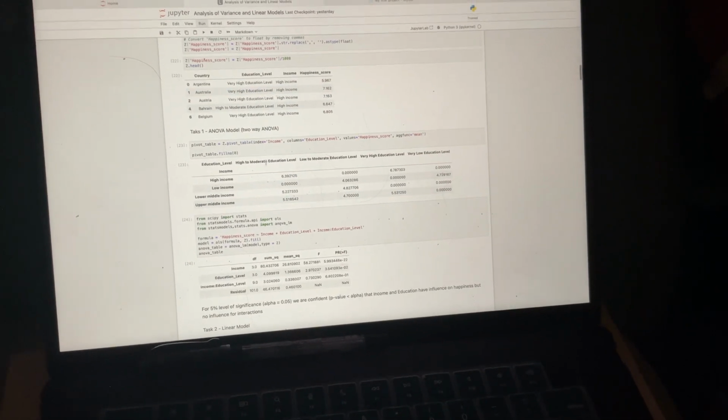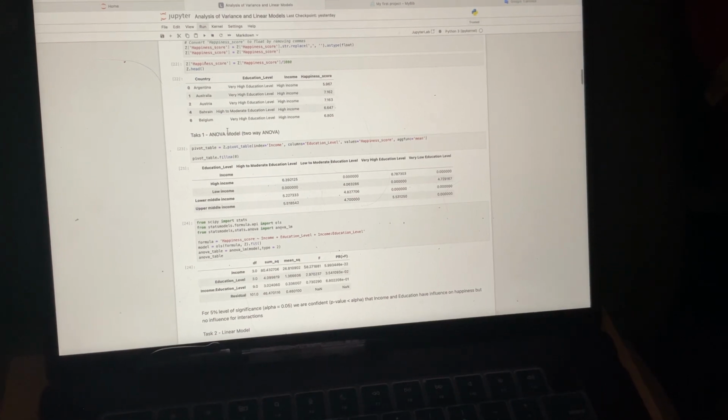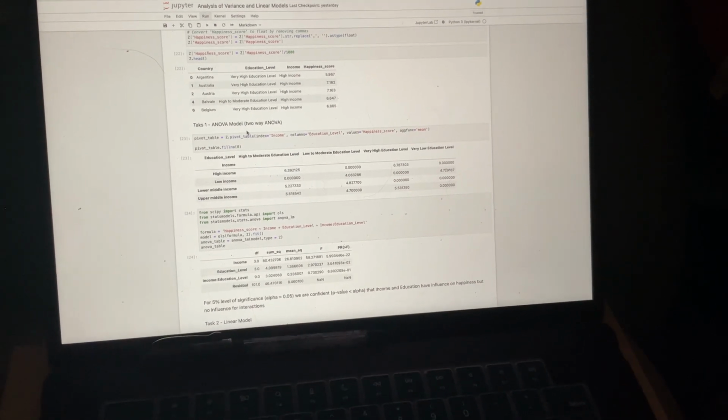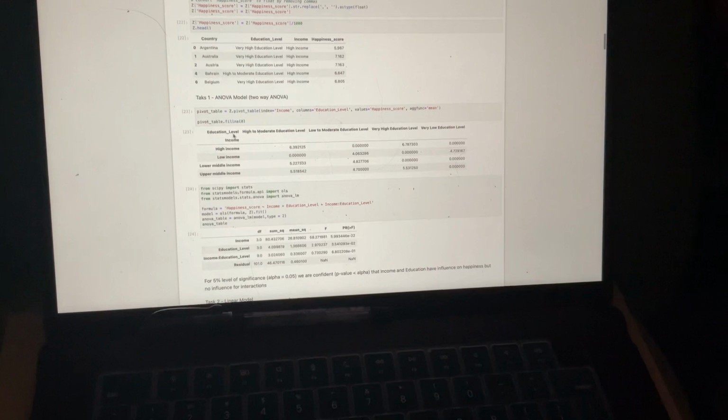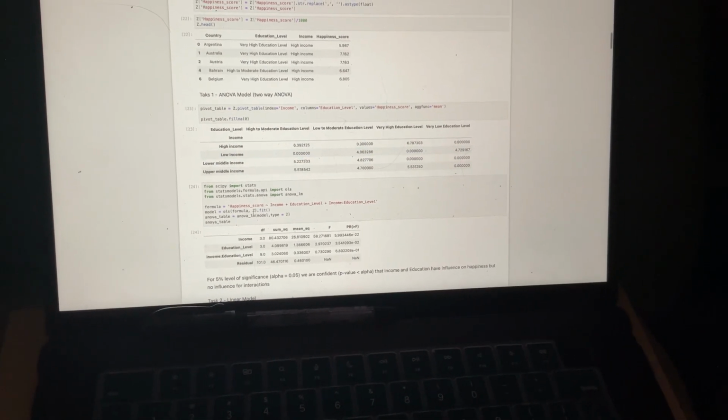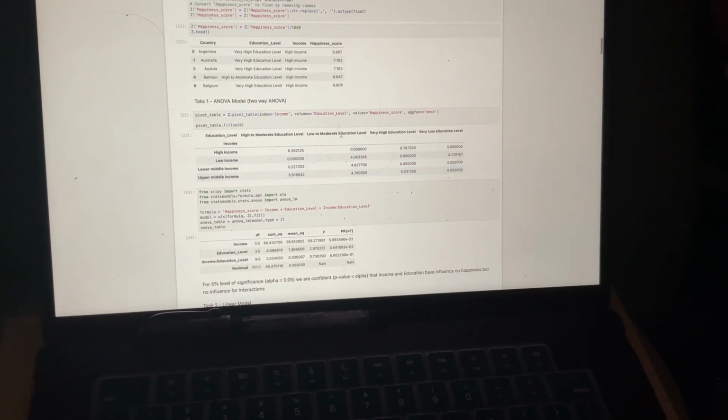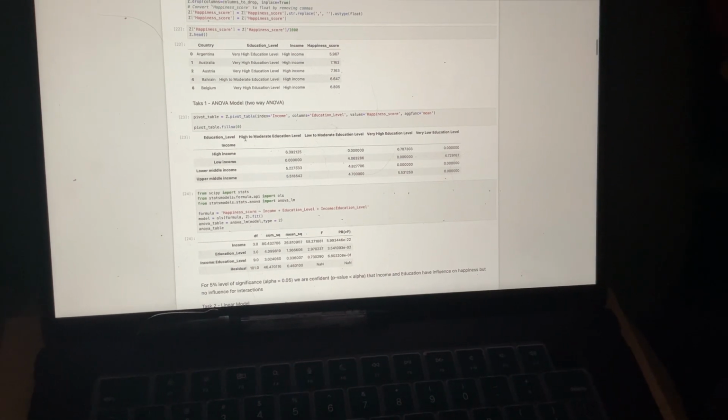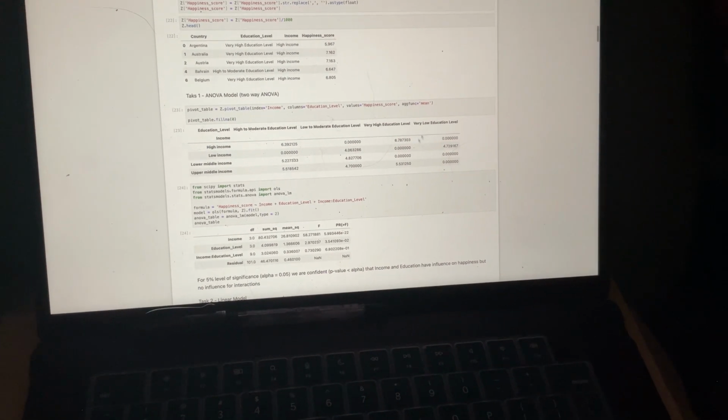The first one is the ANOVA model. I'm using the 2-way ANOVA. For that, I use the pivot table: the income and the education level, whether it's high, low, moderate, very high, or very low.